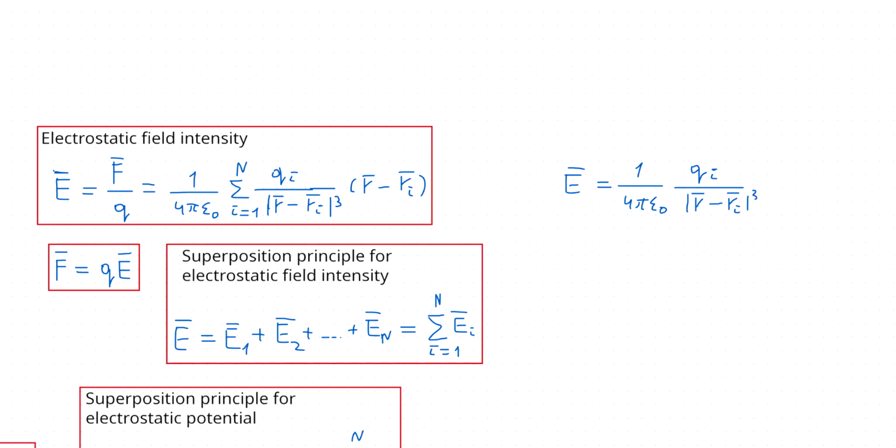The denominator is to the power of 3, and in the numerator we have r minus ri. It is the electrostatic field intensity of one point charge qi.